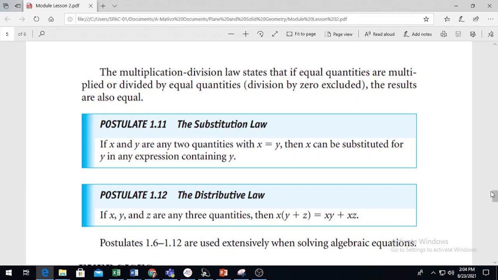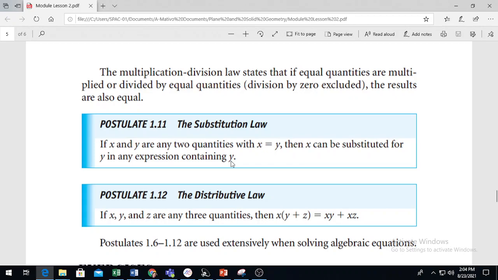So we have the reflexive, symmetric, transitive, addition subtraction law, multiplication division law, and now let's proceed to postulate 1.11, the substitution law. If you have X and Y, which are any two quantities with X equals Y, then X can be substituted for Y in any expression containing Y. We can use the substitution law in algebraic and geometric proving.